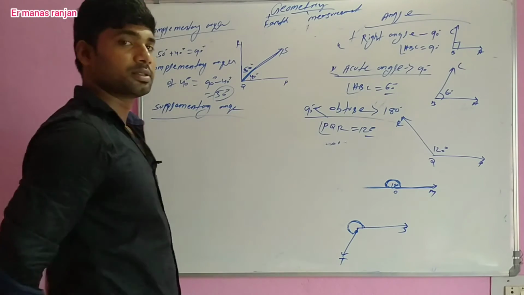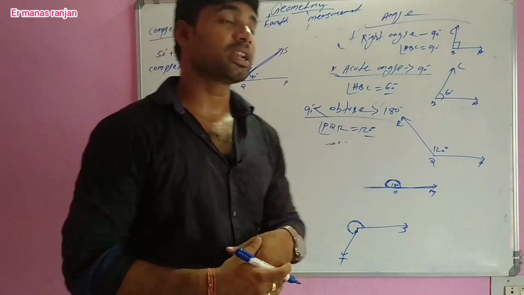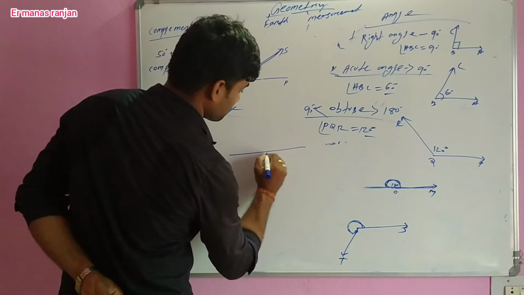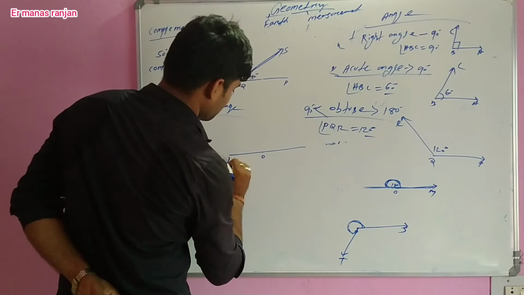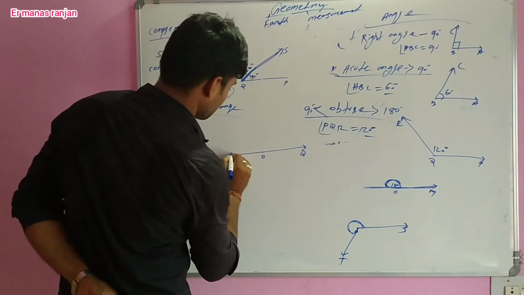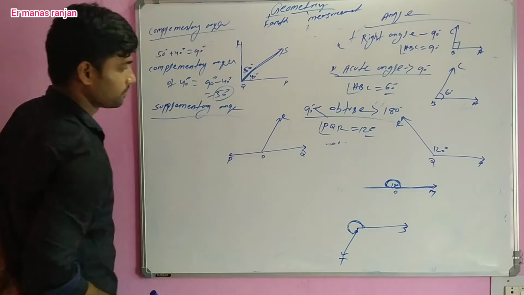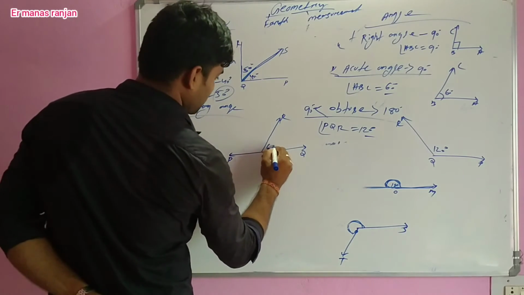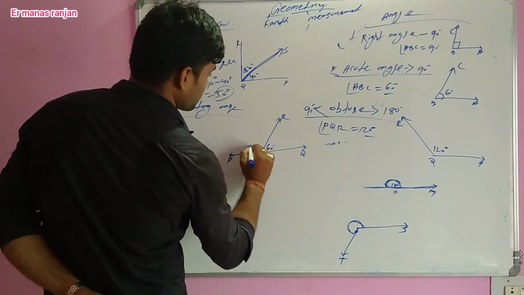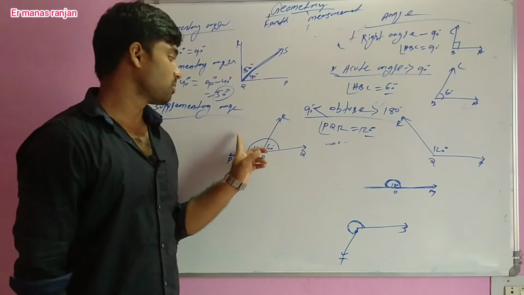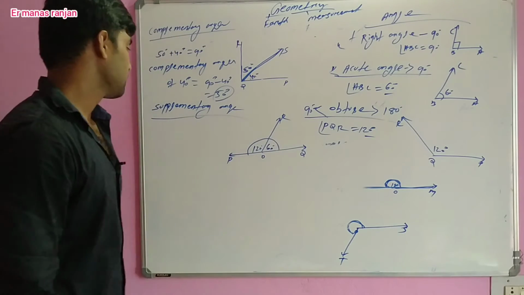Supplementary angles are two angles whose measures sum to 180 degrees. Suppose P, O, Q, R: this one is 60 degrees, this one 120 degrees. The sum of the measures of the two angles equals 180 degrees.